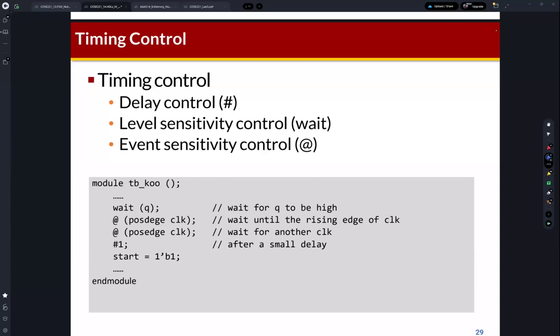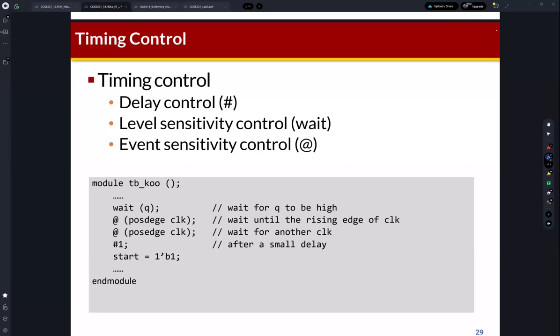In software design, we don't need to consider timing, so the values just change automatically. But when we design a hardware system, we need to consider the timing of these signals. That's why SystemVerilog includes many timing related syntaxes. So we will learn about the timing control in our test bench here.